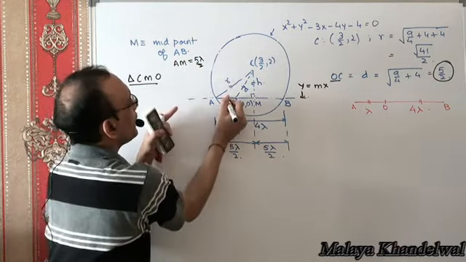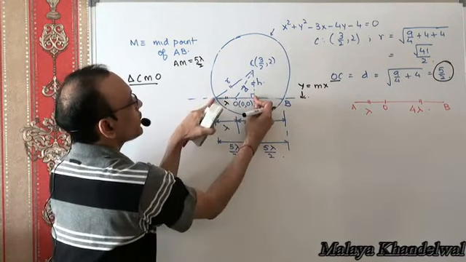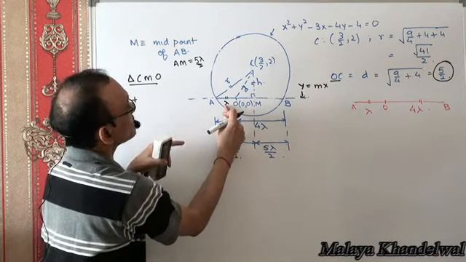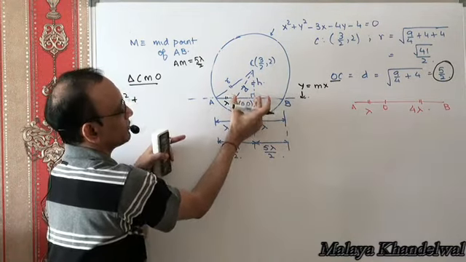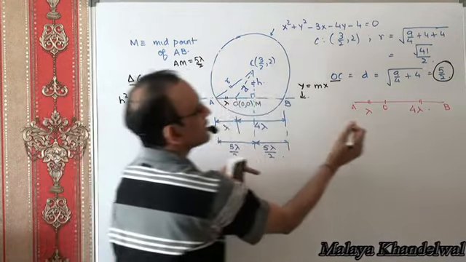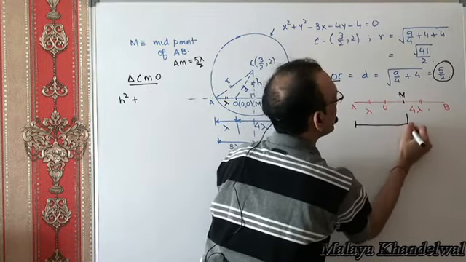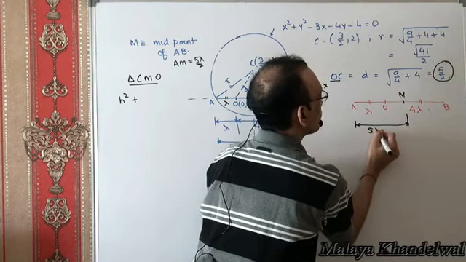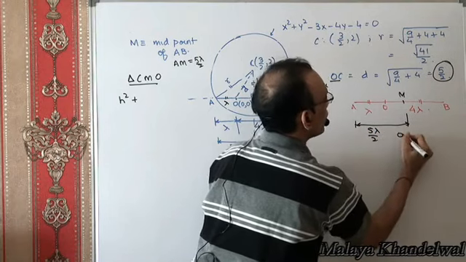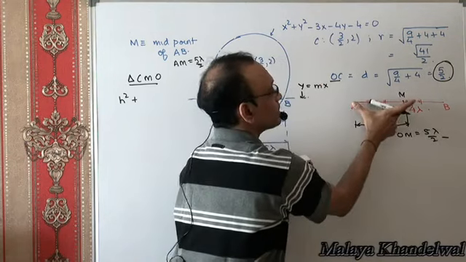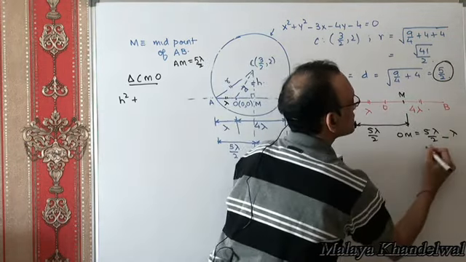And AO is lambda, and M is the midpoint. So AM is 5 lambda by 2, and if I subtract lambda, then I get OM. So OM is going to be 5 lambda by 2 minus lambda, that is 3 lambda by 2.